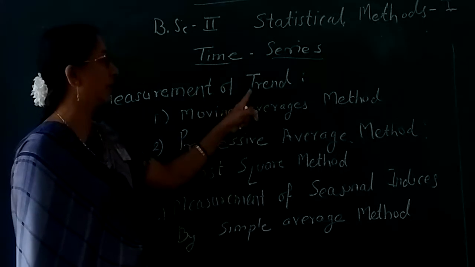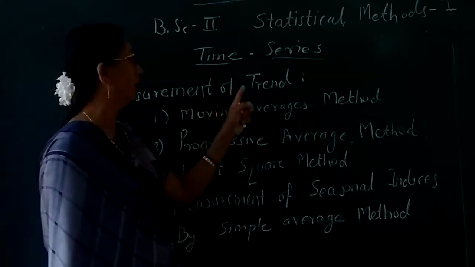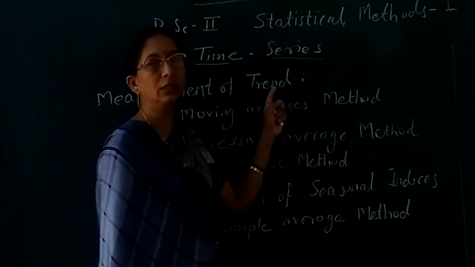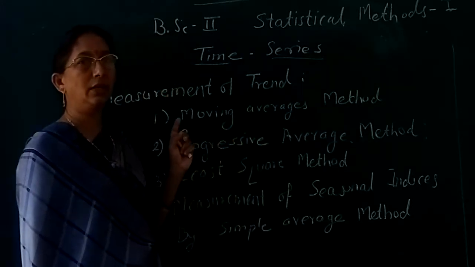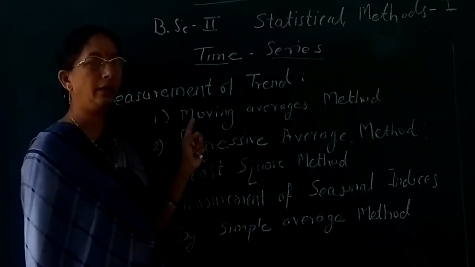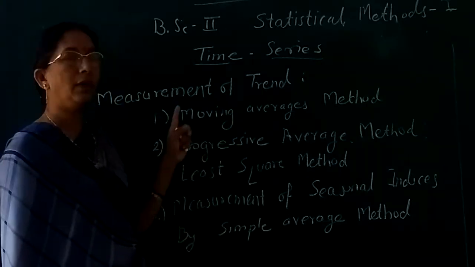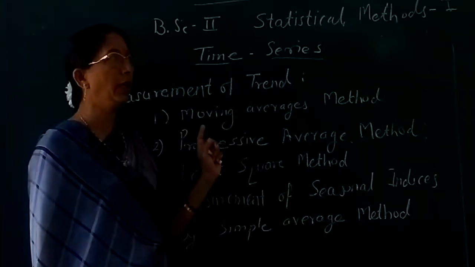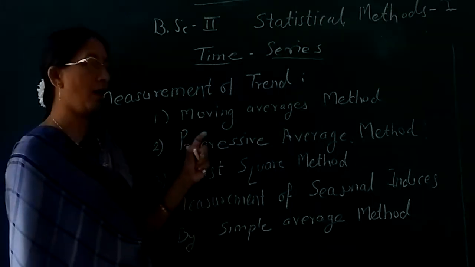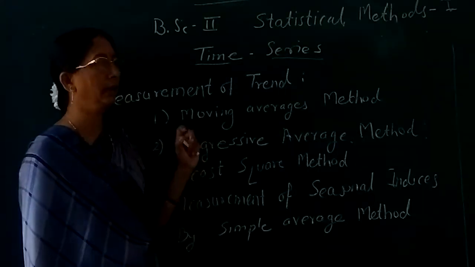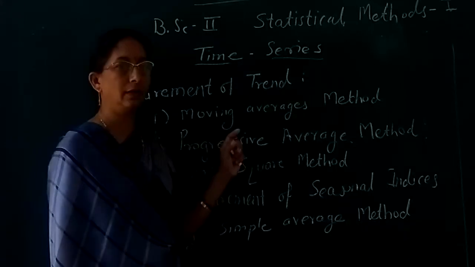Components of time series: we see four components: seasonal variation, secular trend, cyclical variation, random or irregular variation. Now, how to find the measurement of trend?